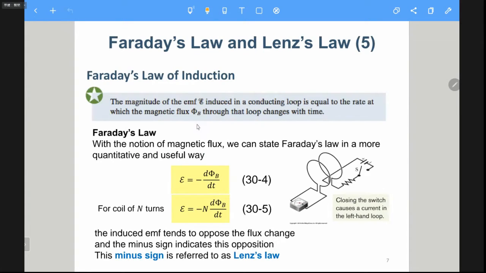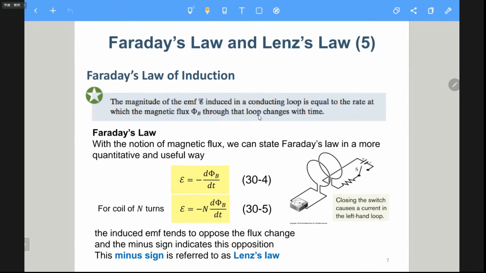Okay, so here we talk about Faraday's law of induction. The magnitude of the EMF induced in a conducting loop is equal to the rate at which the magnetic flux Φ_B through the loop changes with time. Just now we already mentioned that if something is changing, then there will be a sudden current.